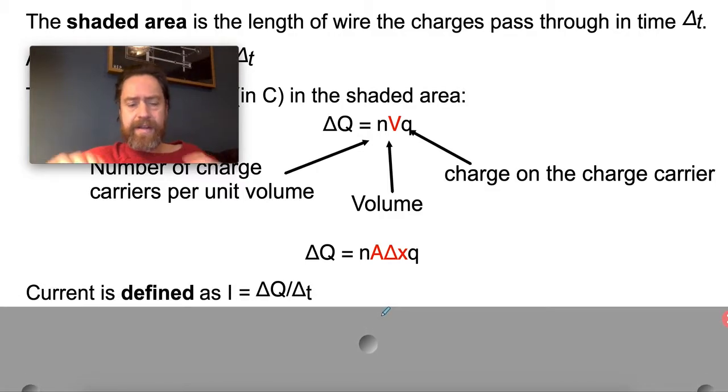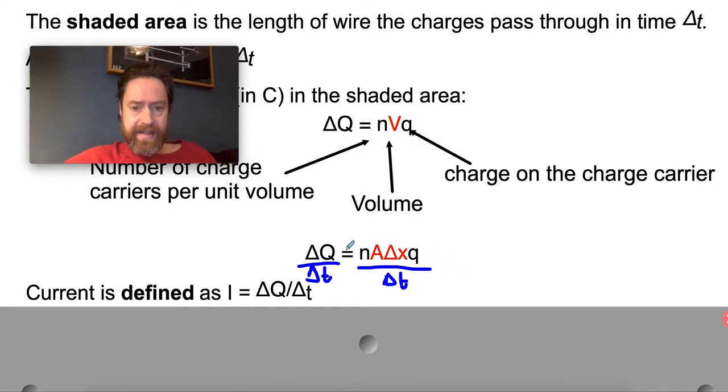Well, if you remember, our definition of current is delta Q over delta T. So what we're going to do is divide this expression, both sides of it, by time. So I'm going to put delta T on this side, and I'm going to put delta T on this side, just because I can.